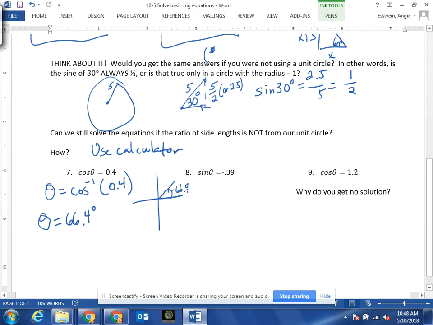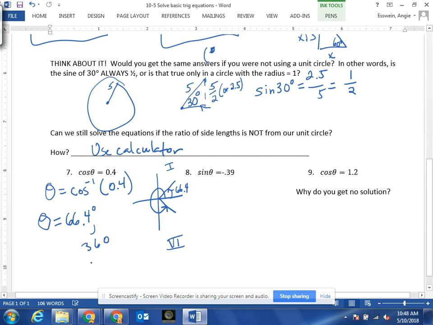But where else is the cosine positive? Which other quadrant? Quadrants 1 and 4, right? So we also need this angle. How do you find that? It's totally symmetric. The easiest way is to subtract it from 360.